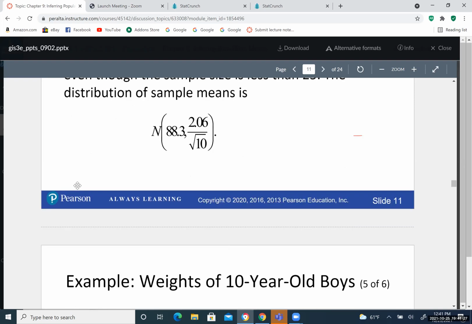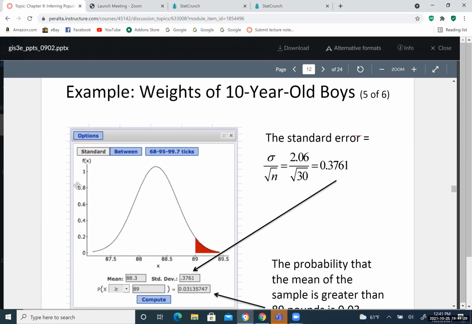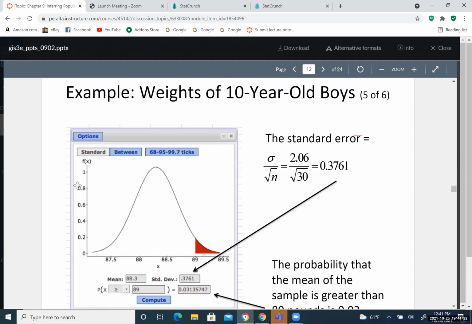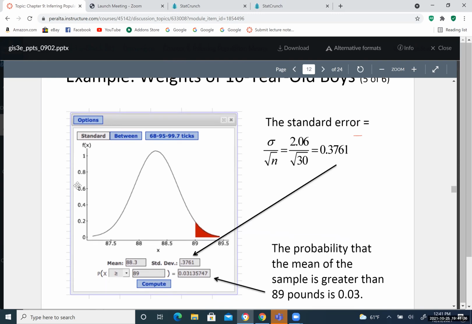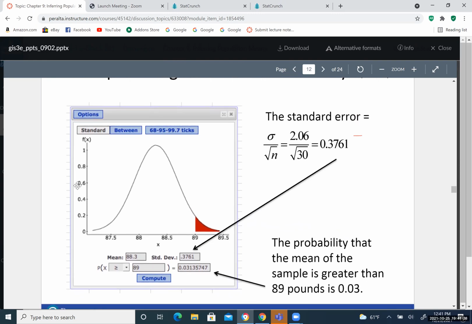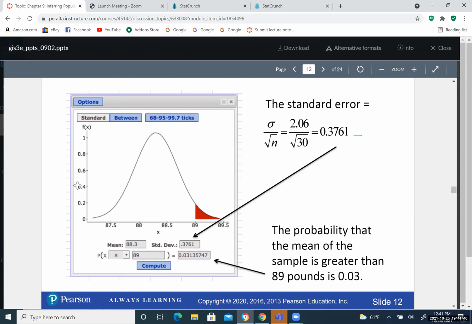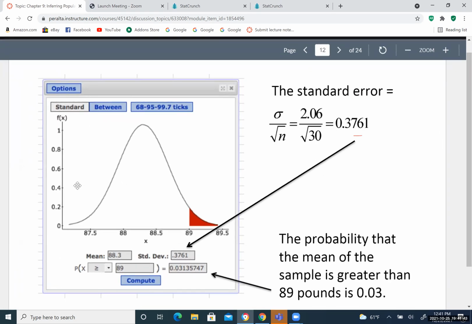So what is the value? Oh, it looks like right here is the answer for part A. Is that right? Yes, it is. They have the standard error. They take the standard deviation divided by the square root of 38. They got a value of 0.3761. They plug that value in this box.